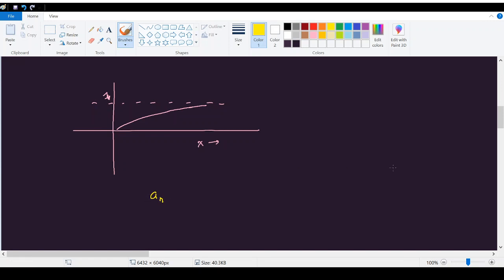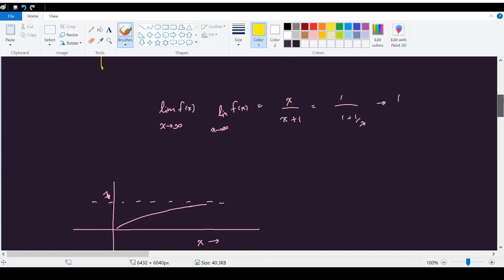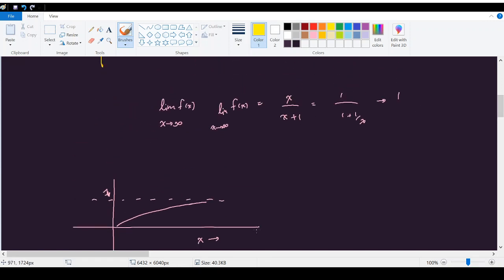But now see here, in this function our domain was all the x values. Let's take from 0 to positive x values. We can take each and every real number on this real axis as the inputs for this function, right?